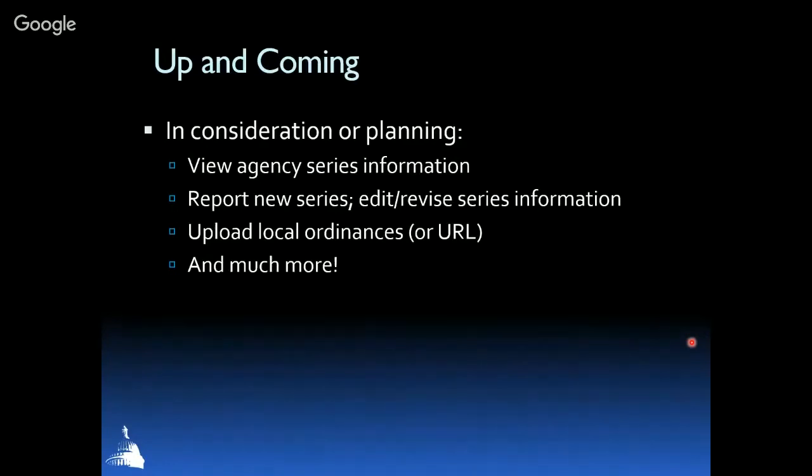We're going to have a place for records officers to view agency information online and series information, so you can see what series you have with us. There will be a way to report new series to us or edit or revise existing series information. You can upload local ordinances, and we will also have a way to actually upload documents via the portal.